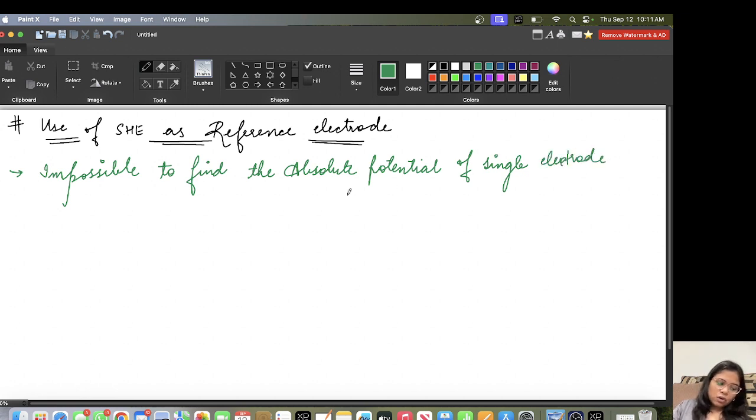So what will we do? We'll find a relative electrode potential. We find the relative electrode potential with reference to SHE.